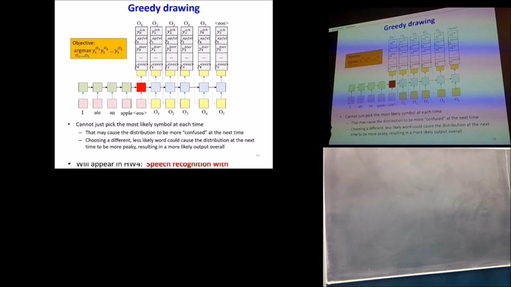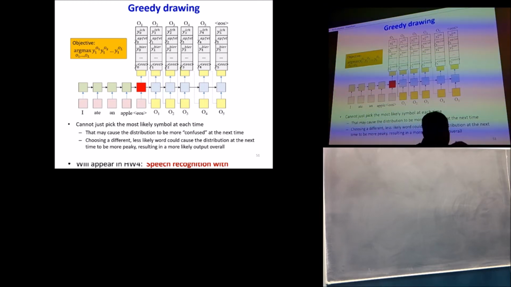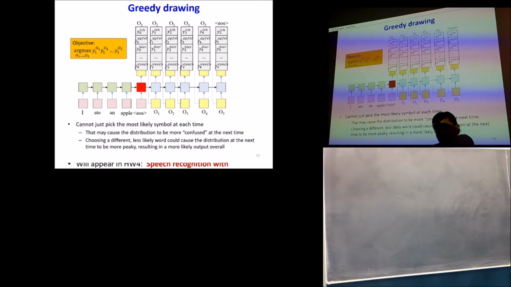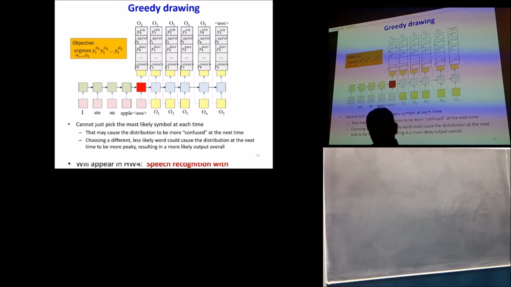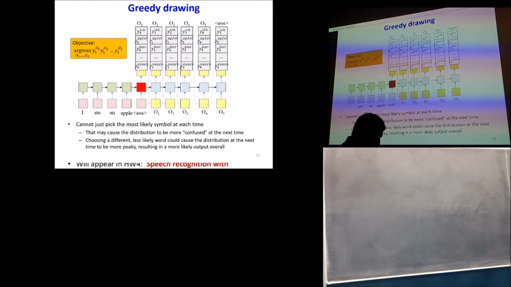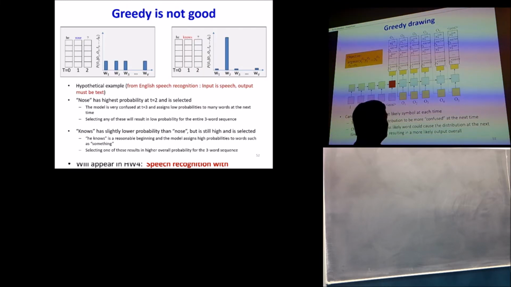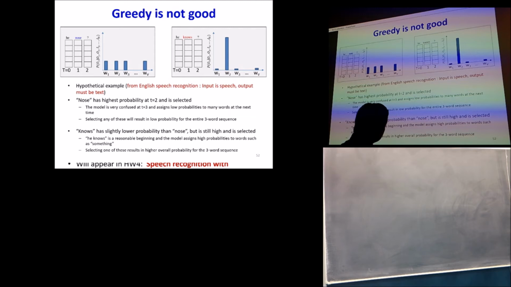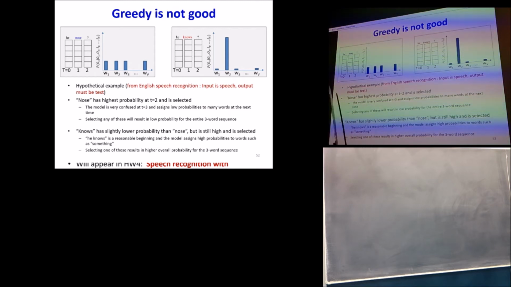And why is that? Because the word that I pick at any time changes the probability distribution at the next time. And as we will see in the next slide, this actually affects the entire notion of what is the most likely or most probable output sequence. So consider this example. Let's say at the first time, the word that you chose was "he".